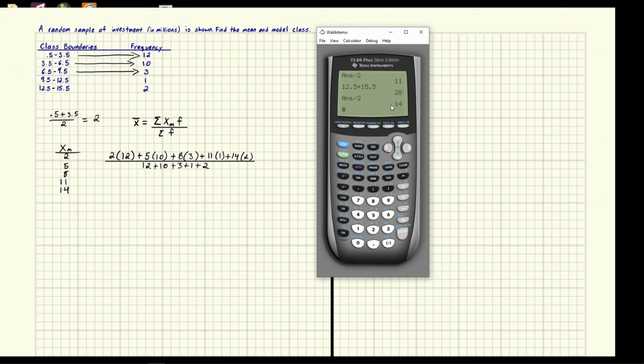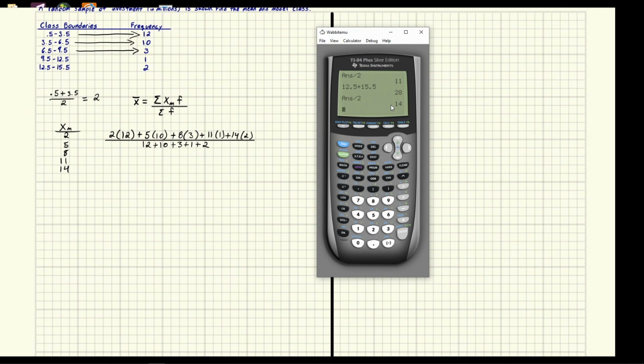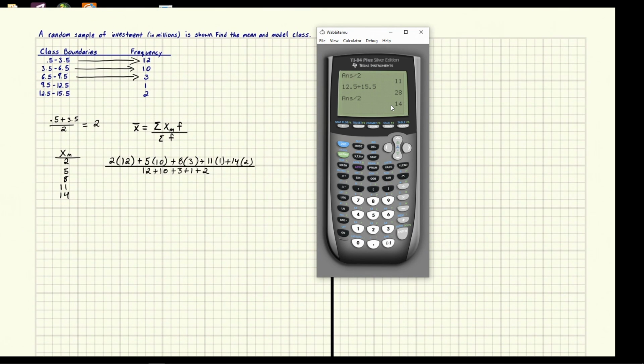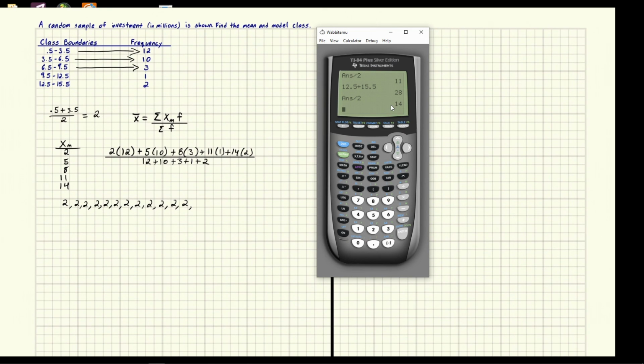Now the alternative would be as if we had a data set, right? The midpoint's 2 and the frequency is 12. So that means we had 1, 2, 3, 4, 5, 6, 7, 8, 9, 10, 11, 12. It's like we had 12 2s. The next one is a 5, right? The next midpoint. And we were told that there are 10 of them. So it's like we had 1, 2, 3, 4, 5, 6, 7, 8, 9, 10.